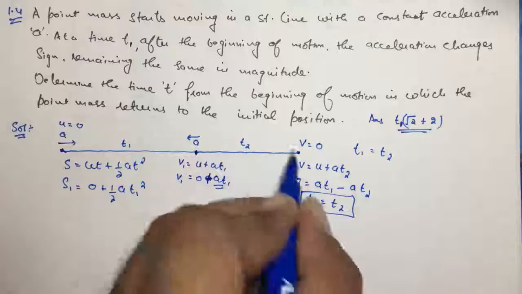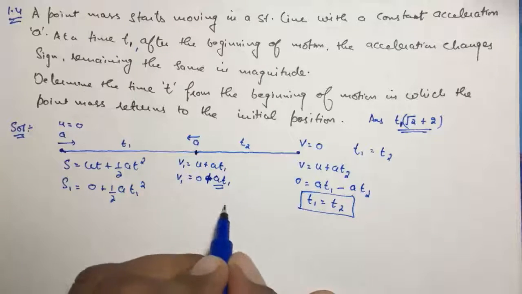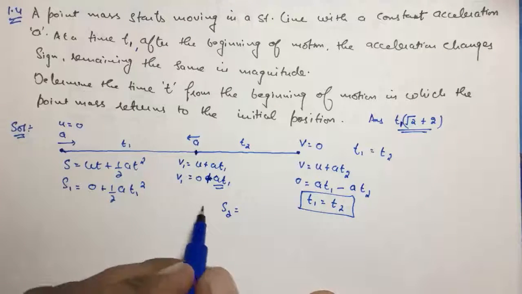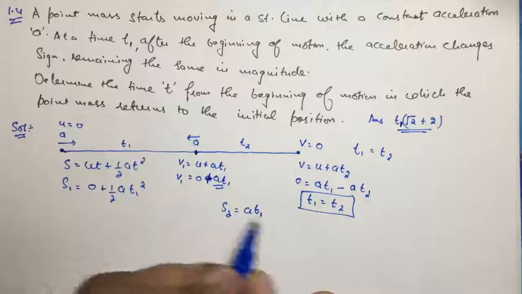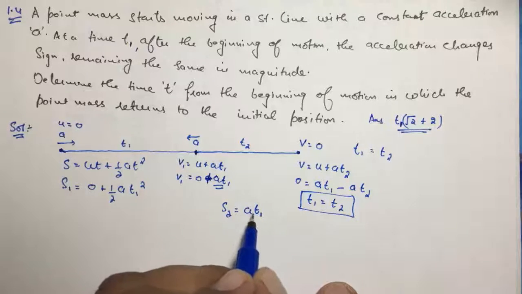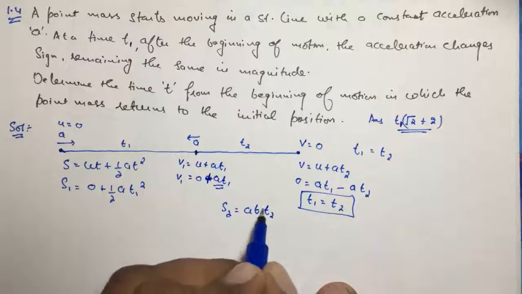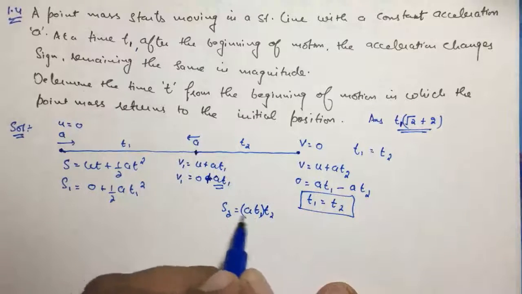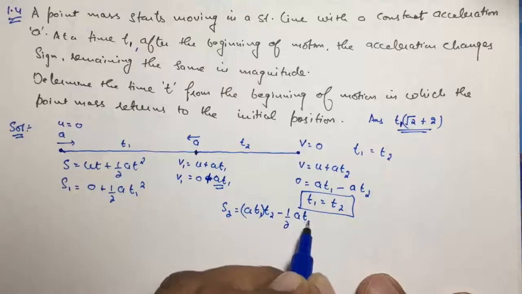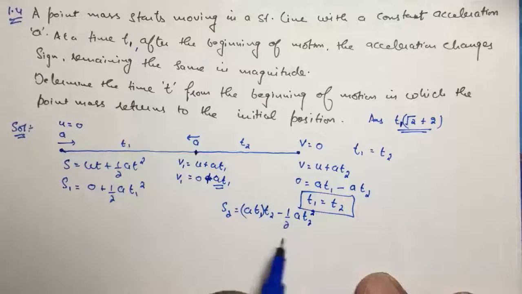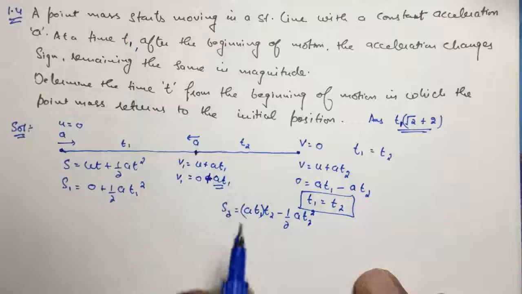And what is the distance traveled during the next time interval? s2 is equal to ut, where u is a t1 and t is t2, minus half a t2 square, minus because acceleration is opposite to the direction of velocity. So this is the total displacement.